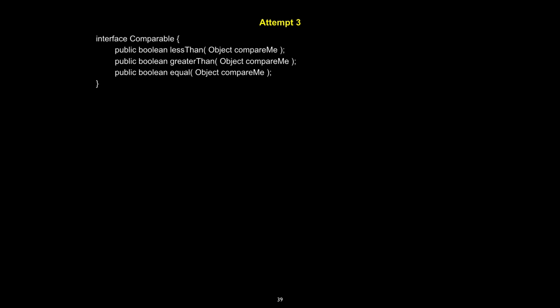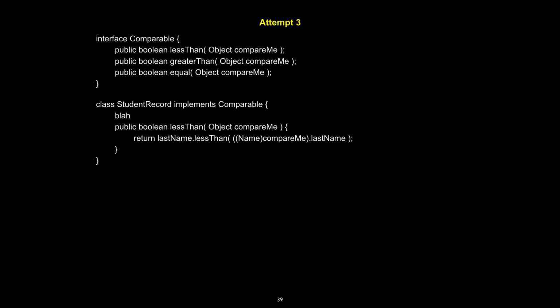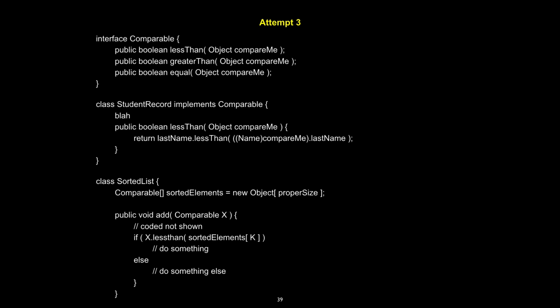Get over it. Then we have student record implement it, and when we add it, now we're programming to an interface. Programming to an interface gives us more flexibility because now I'm not stuck to student records.